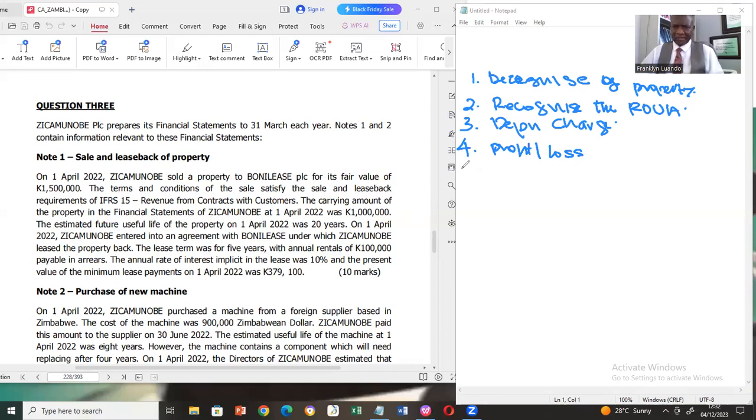Number five, you need to determine the finance lease charges.